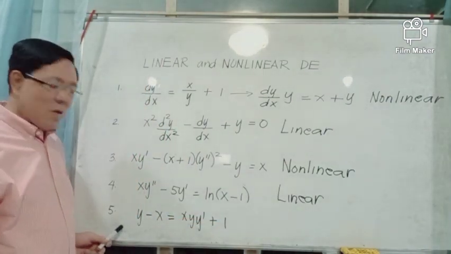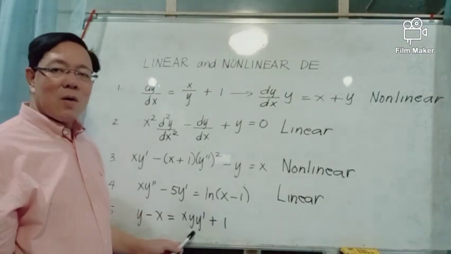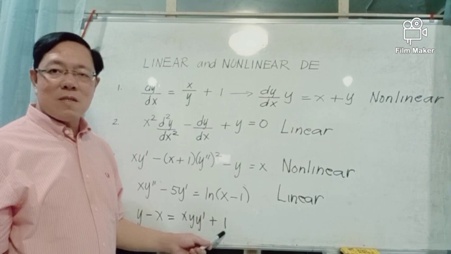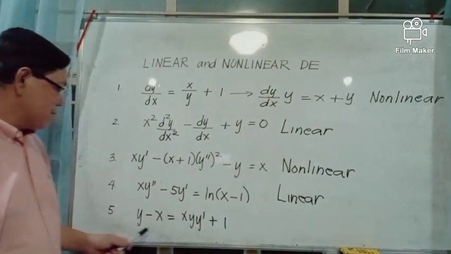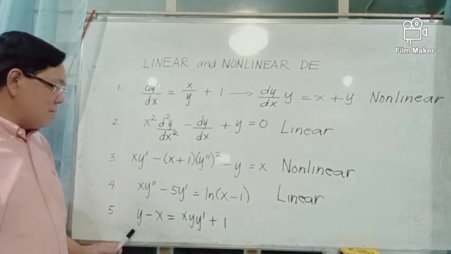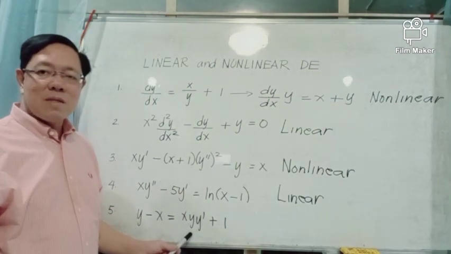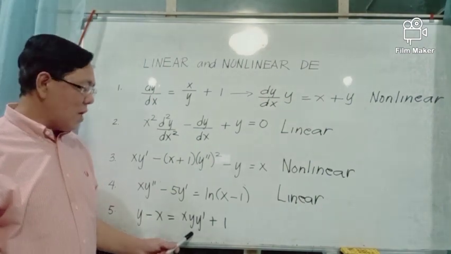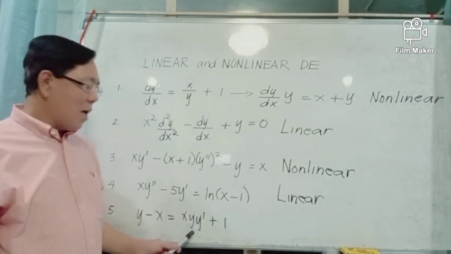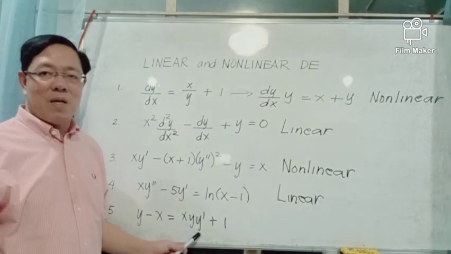For the last example, consider y minus x equals xy y prime plus 1. The last term at the right-hand side is a constant term. At the left-hand side, the power of y is 1. But in the first term at the right-hand side of the equation, we have a product of the dependent variable y and its first derivative y prime.